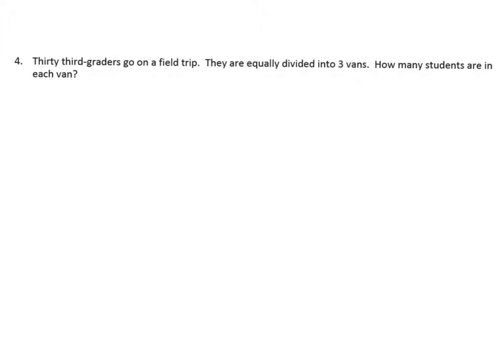Let's take a look at number 4. It says 30 third graders go on a field trip. They are equally divided into 3 vans. How many students are in each van? So here you can draw a tape diagram like I showed you with the first one, or you could just simply draw a picture if you would like.